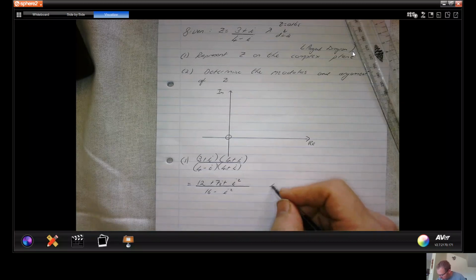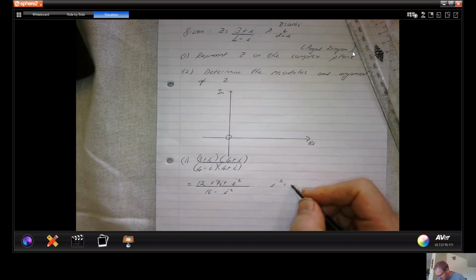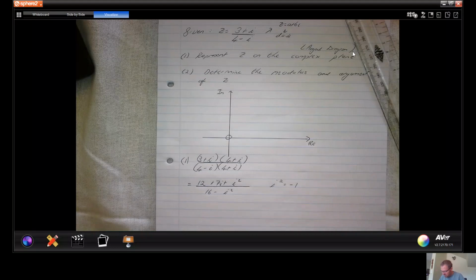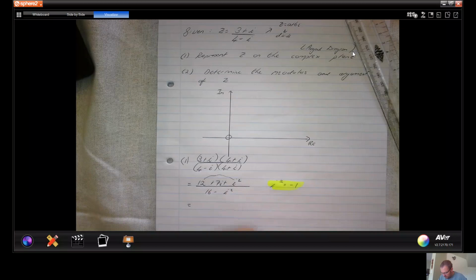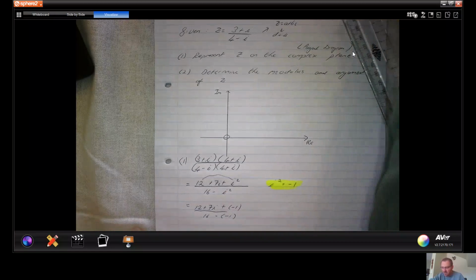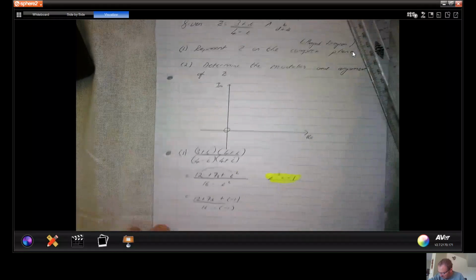So remember, what's the key idea here? Good, it's that i squared is equal to negative 1. You can skip out steps. So it's going to be 12, okay, I'm just going to write it down, plus 7i plus negative 1 and 16 minus negative 1. Okay, which is going to give us, I would definitely skip out steps.